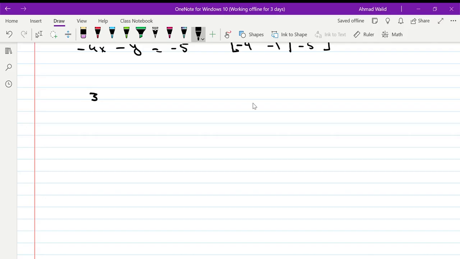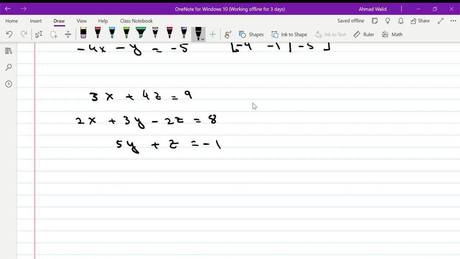Let's say 3x plus 4z equals 9, 2x plus 3y minus 2z equals 8, and 5y plus z equals -1.